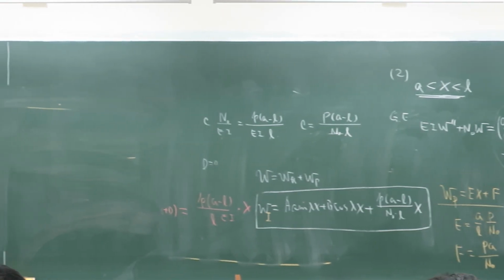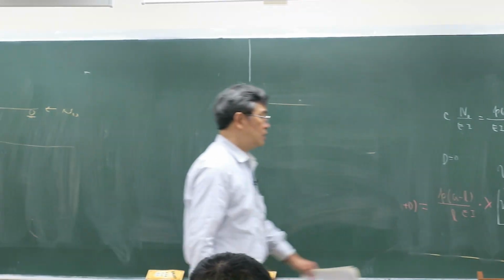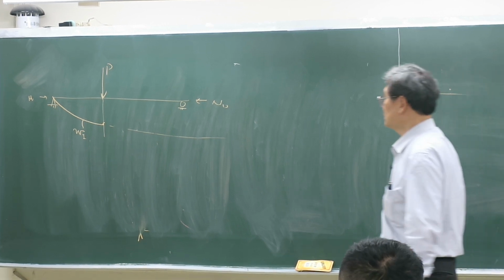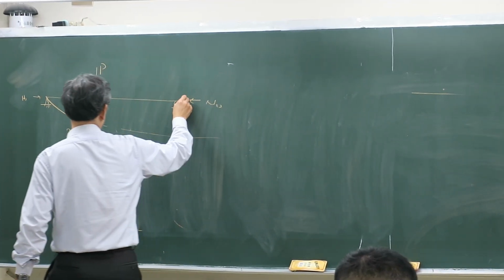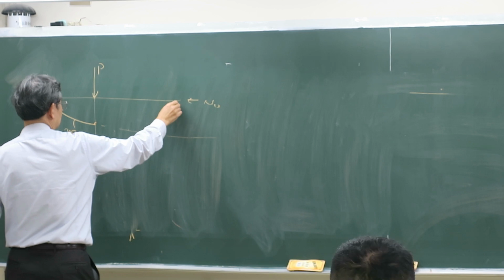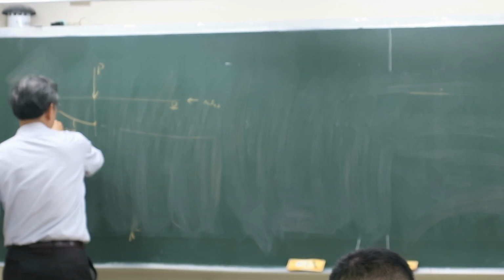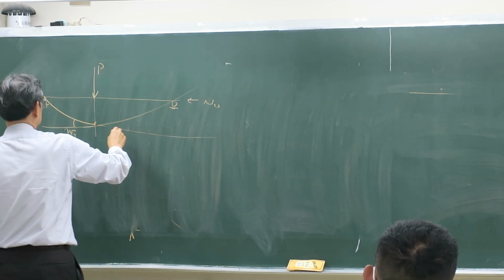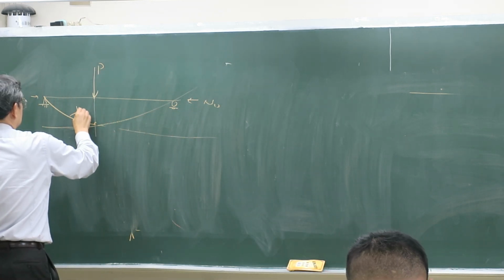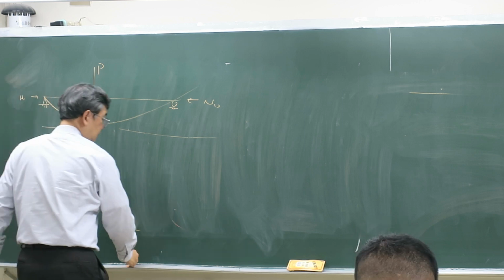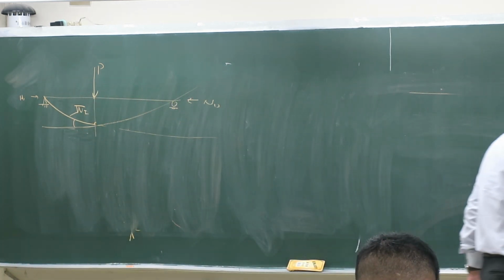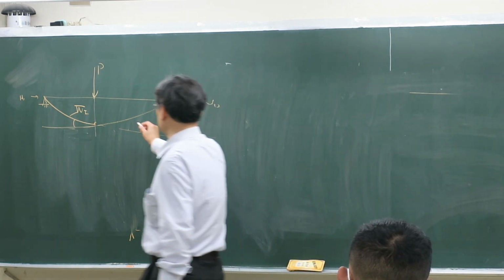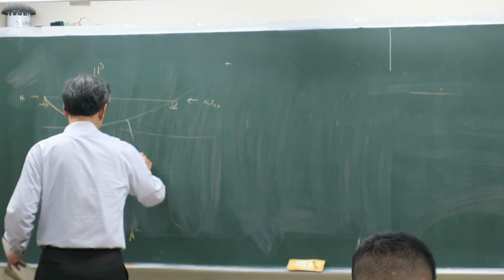And from this part, I can get a second solution for x in this zone, and that will have an equation something like this. Okay. So this is W1, and this is equation W2.